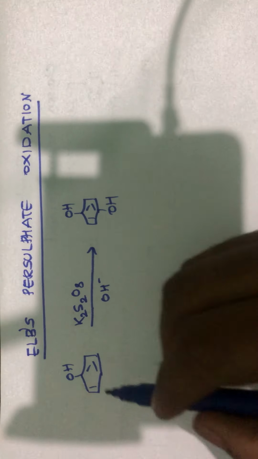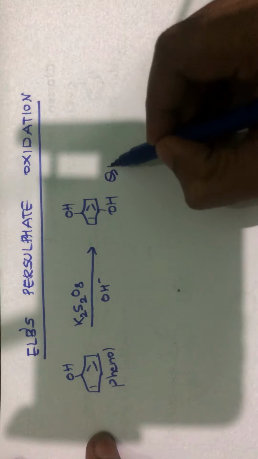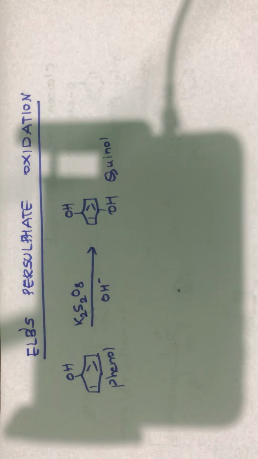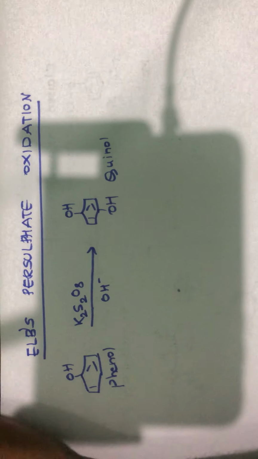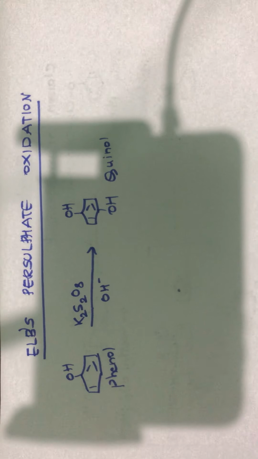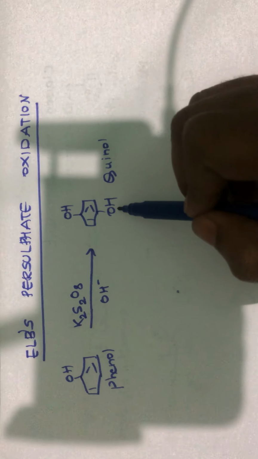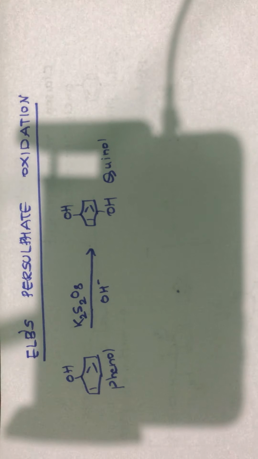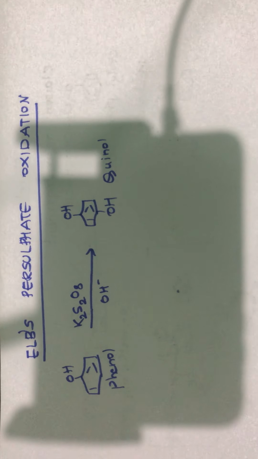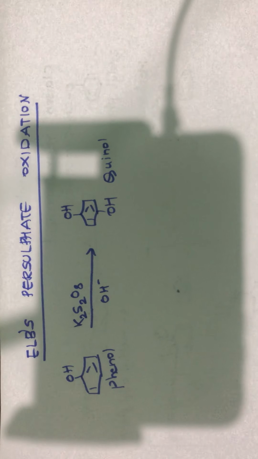This is phenol. In this reaction hydroxylation takes place usually at the para position. So OH comes at the para position. But if the para position is blocked, then the hydroxylation will take place at the ortho position.